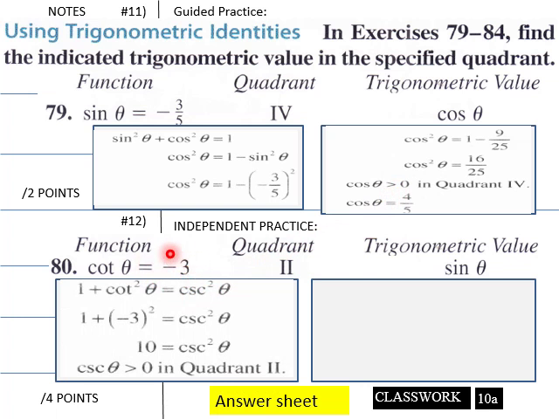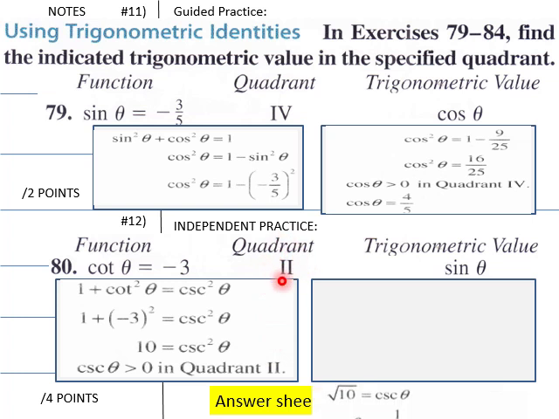And then cotan down here, we're going to use the Pythagorean identity: 1 plus cotan squared theta equals cosecant squared theta. We're going to plug in here for cotan, and then we're going to solve. So that equals cosecant squared theta. Cosecant theta is greater than 0 in quadrant 2.